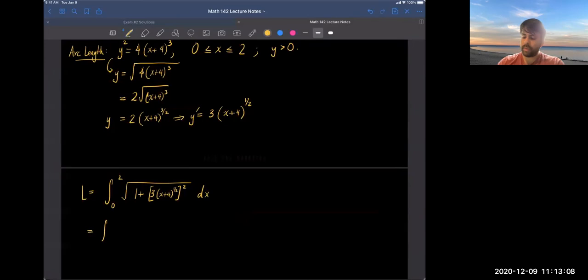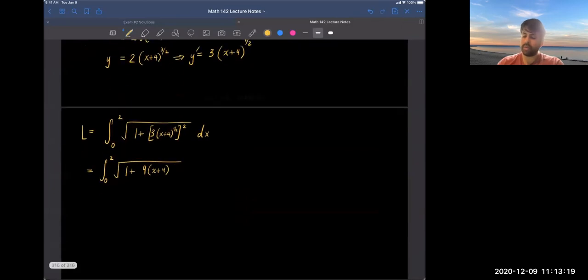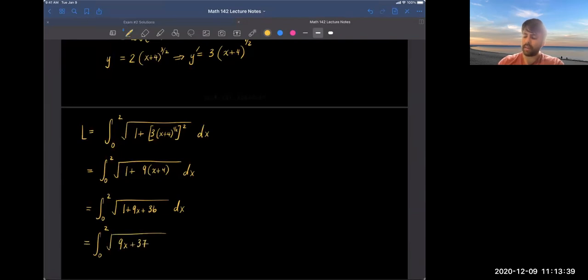And so then we get 0 to 2 of the square root of 1 plus 9 times x plus 4, because the 1/2 in the square goes away. And then I get the integral from 0 to 2 of 1 plus 9x plus 36 dx, which is the square root of 9x plus 37 dx.